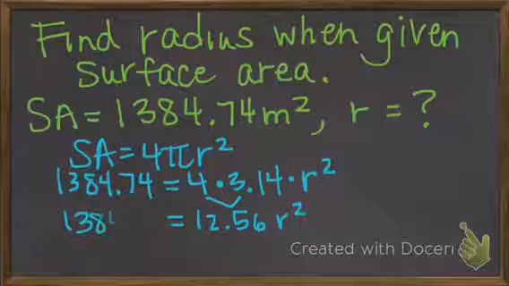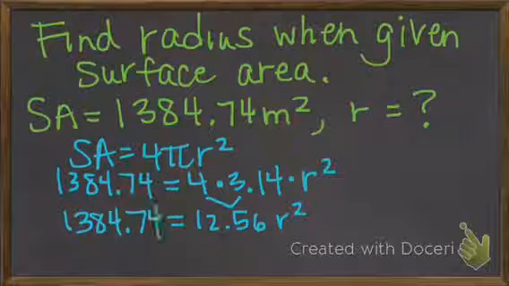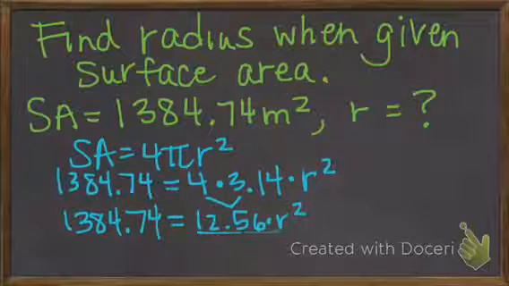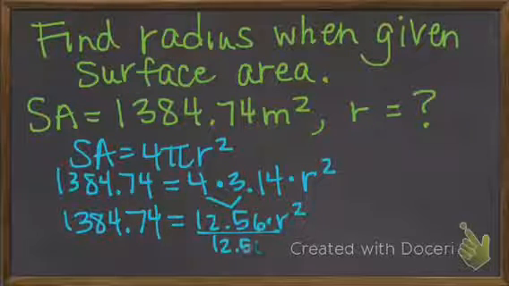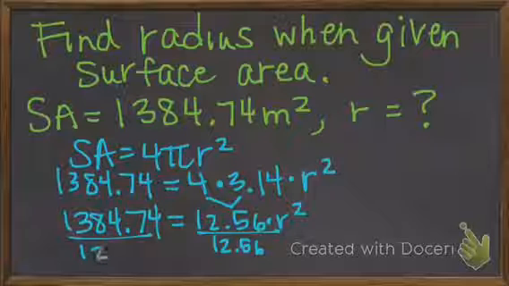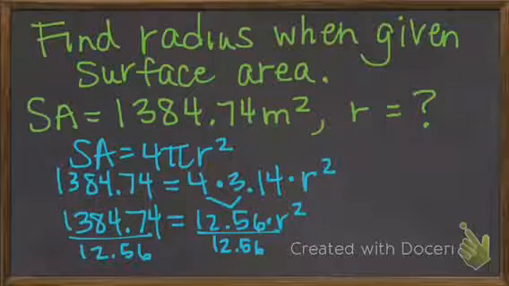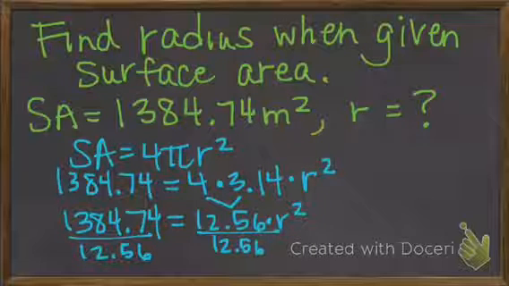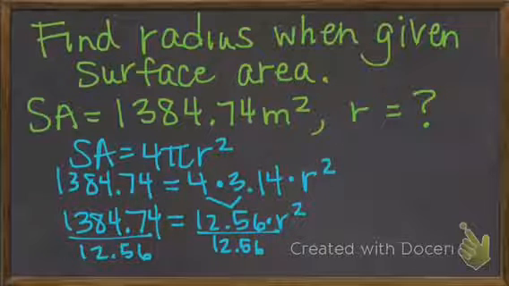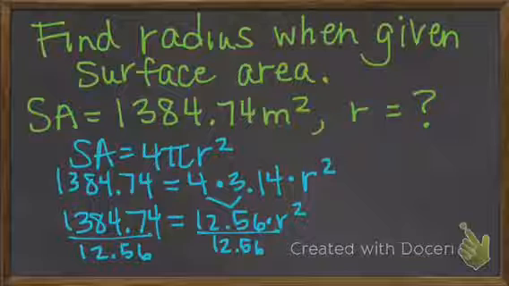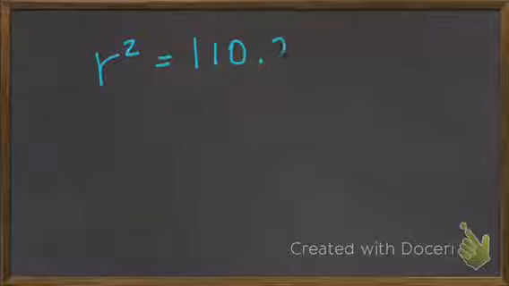This side hasn't changed yet. This is times r squared, so I'm going to divide. And when you do 1,384.74 divided by 12.56, you get radius squared is equal to 110.25. To get rid of the squared, you take the square root.